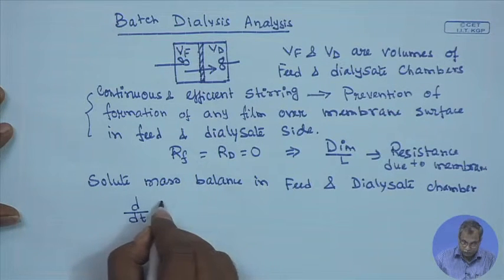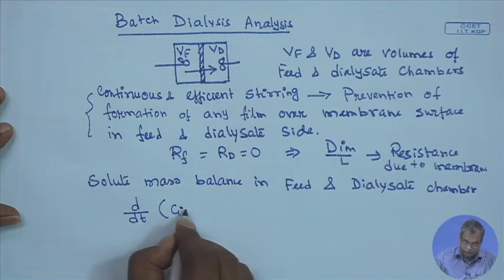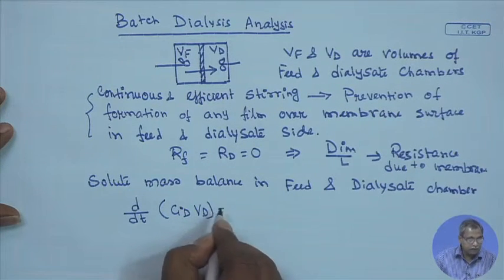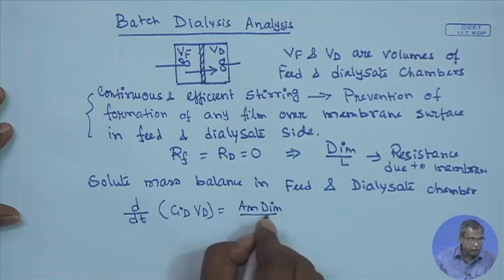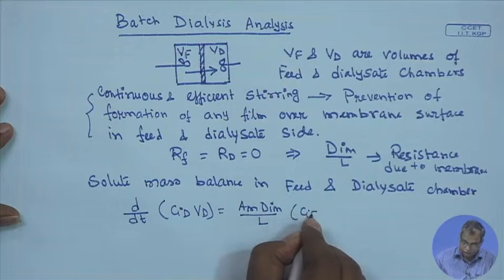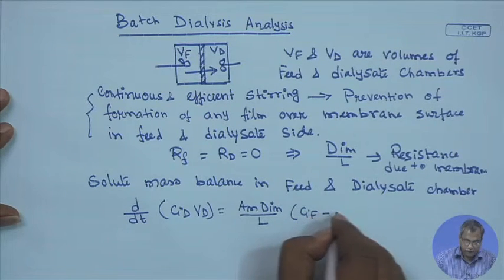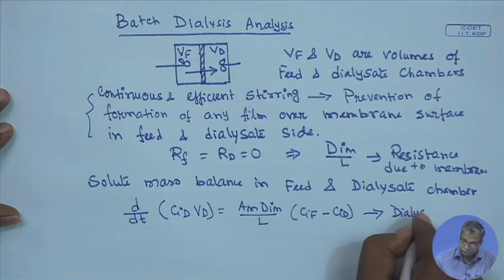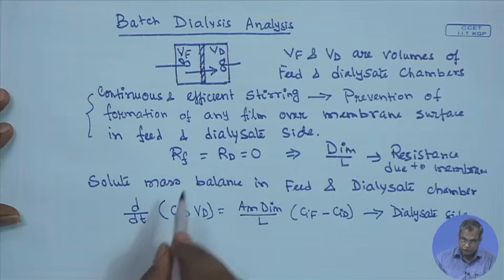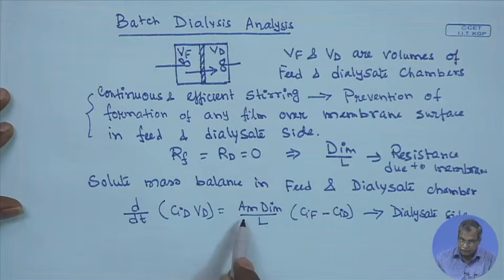So, the accumulation is d/dt of C_iD times V_D, equal to A_M D_iM divided by L times (C_iF minus C_iD). So, this is the solute balance on the dialysate side. This is the accumulation of solute in the dialysate chamber, and this accumulation is because of the solute that is coming in from the feed side.